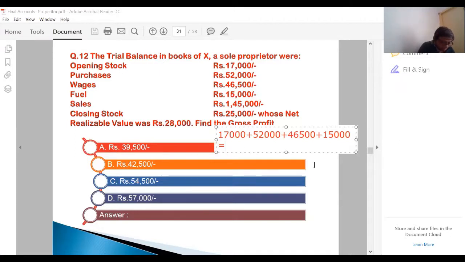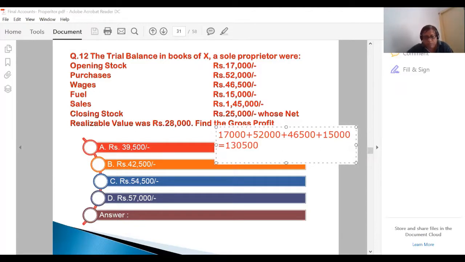So 17,000 plus 52,000 is 130,500. This is COGS. Minus closing stock, you will take if you want, minus 25,000.